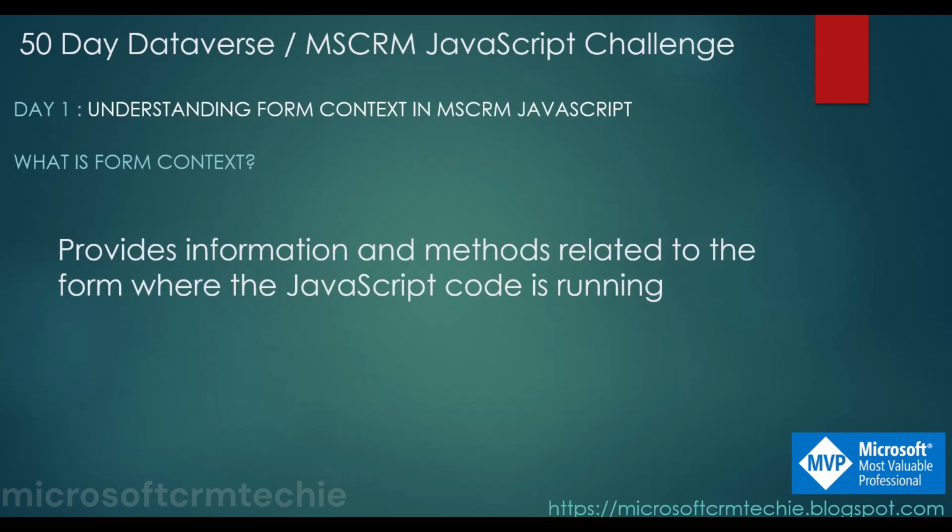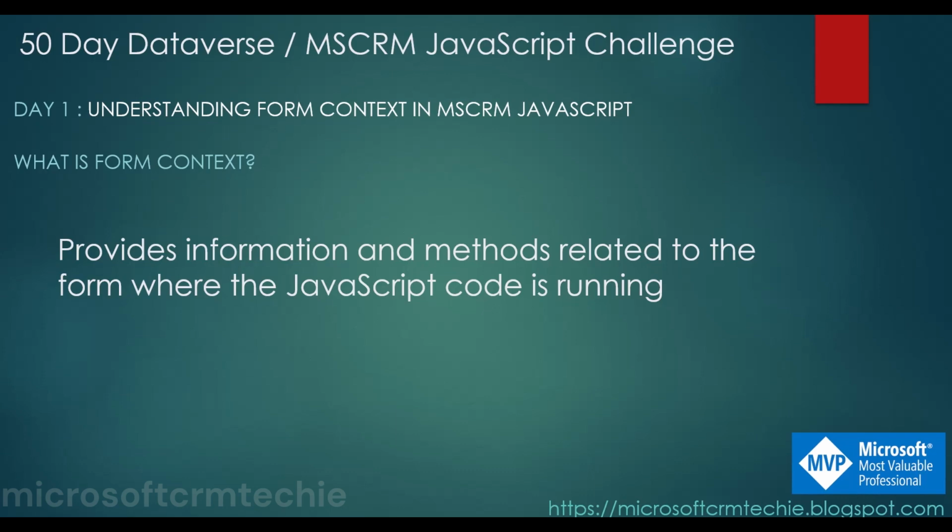So what is form context? Consider there is an account form available. Against that account form we can directly get the values related to the fields, the forms, or the tabs and sections, all of which we can get directly via the form context.